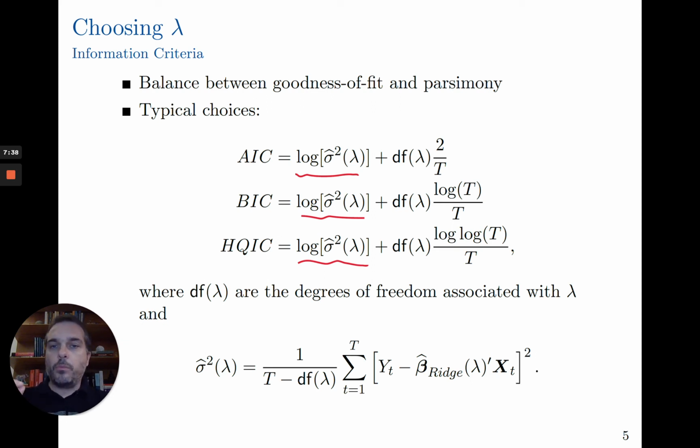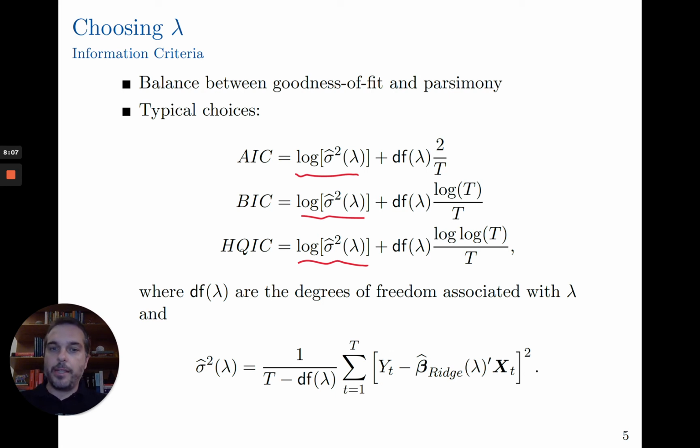And then you may ask, why are they all the same? Why is it just sigma here? Okay? Because implicitly we are assuming that the data is Gaussian. And if the data is Gaussian, the log likelihood, in terms of the fit of the model, translates into the log of the variance of the errors.